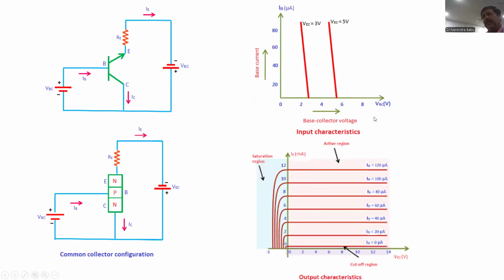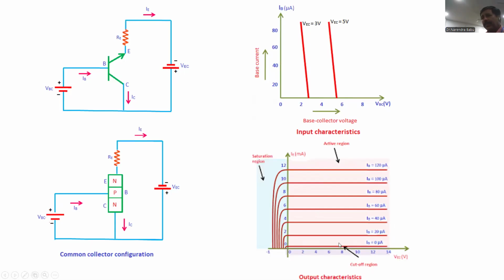Just look at the input characteristics. So the graph again shifts from the origin away when the output voltage is increased. So the graph shifts like that. This is the characteristic between VBC and IB, where VEC is constant, so you can observe the graph.